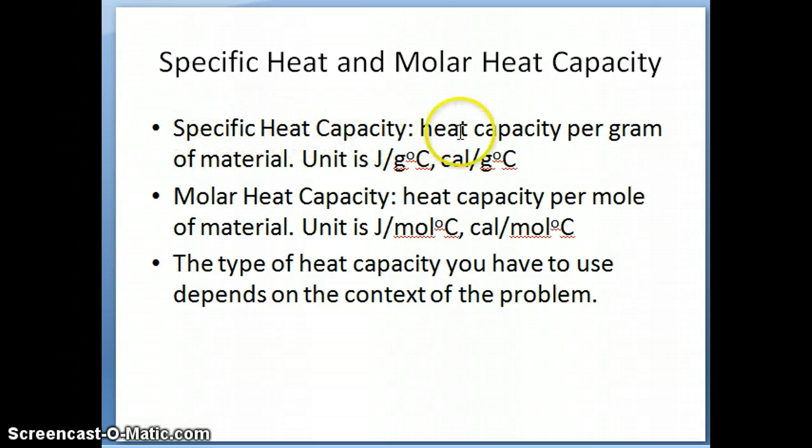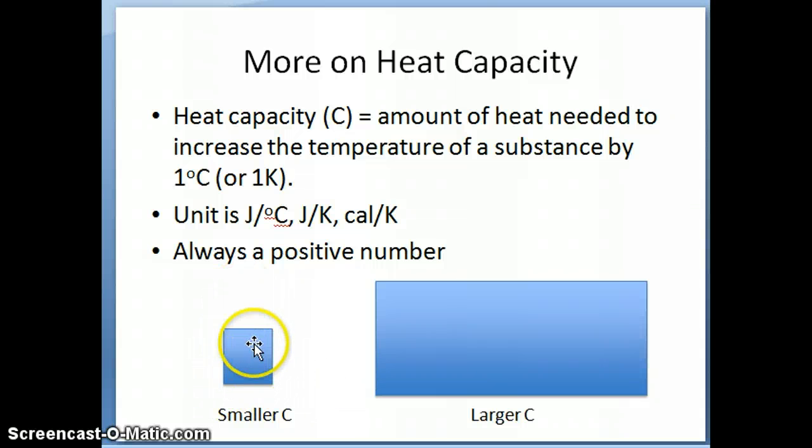What do I mean by that? Specific heat capacity is defined as the heat capacity per gram of material. In other words, you take that number and divide it per 1 gram of material, to see what that value of C is.